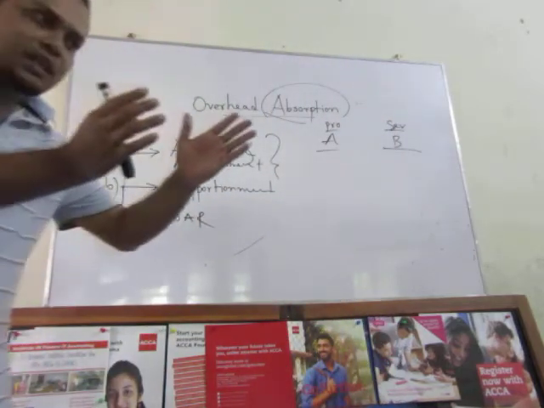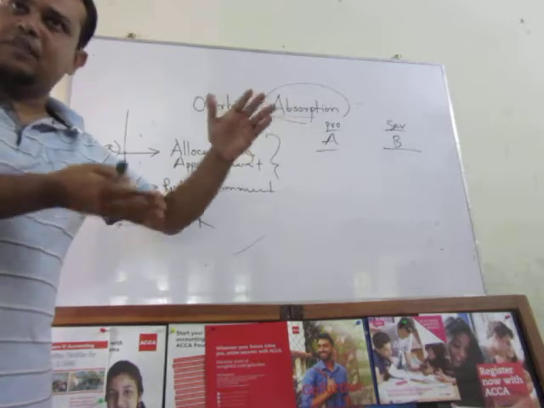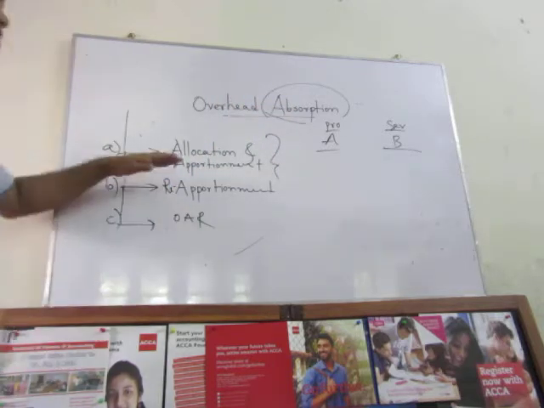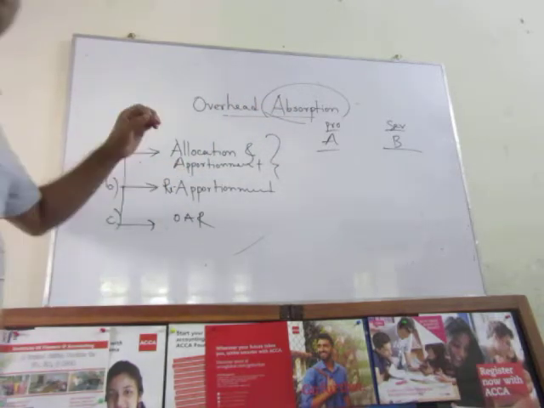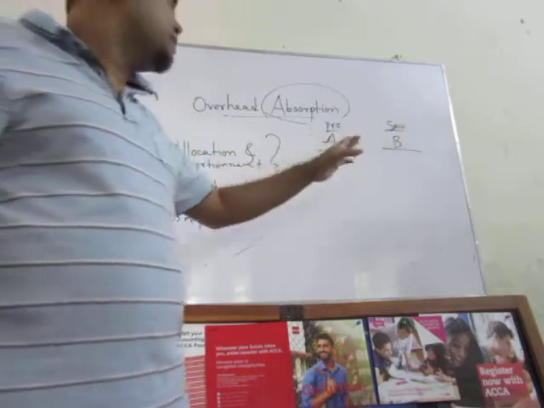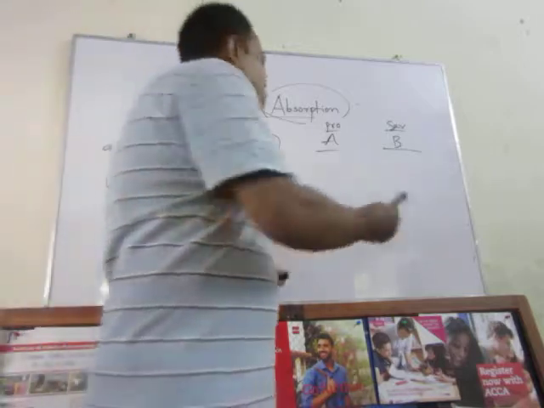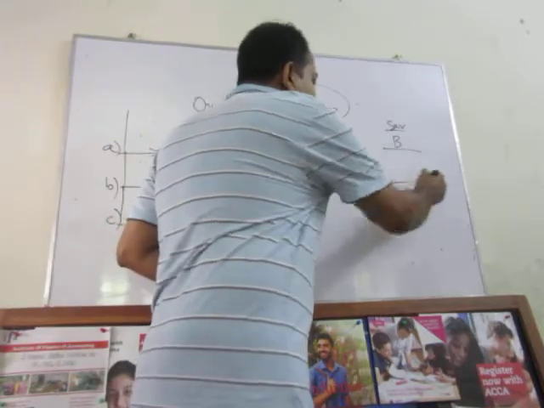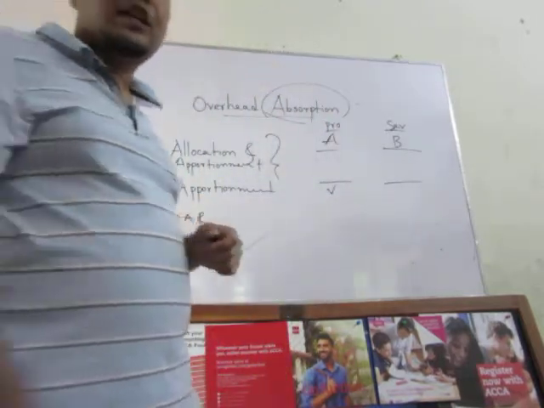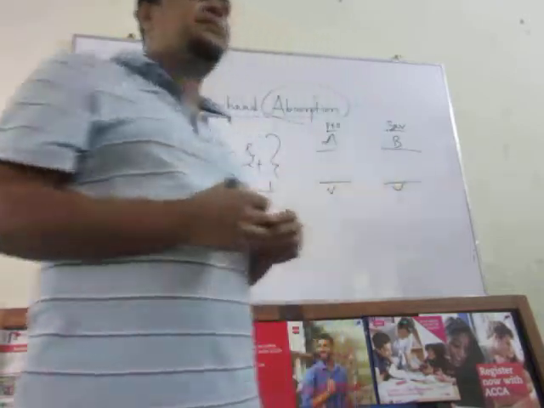Initially you have different kinds of indirect cost. At the end of the allocation and apportionment, you charge all parts of indirect cost to these two departments. So you will have the total indirect cost of production department A and the total indirect cost of service department B.